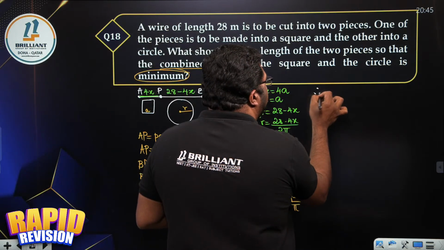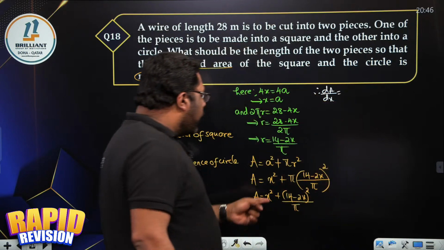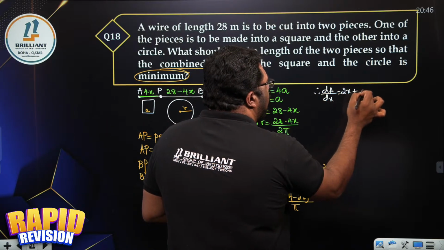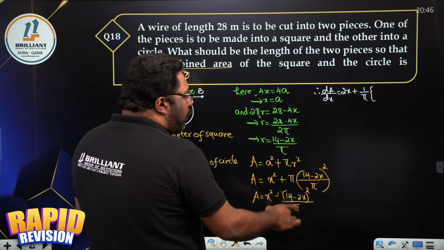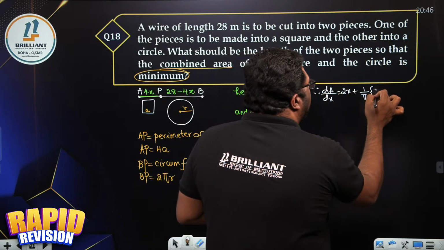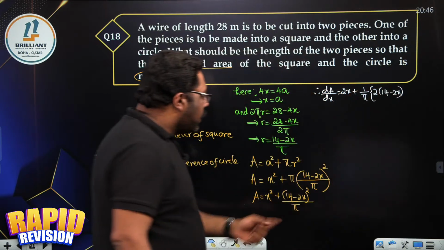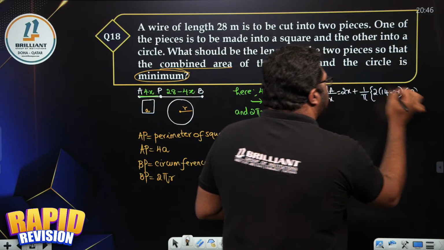Differentiate. Derivative of A with respect to x. Derivative of x squared is 2x. Pi is a constant, keep it out. What's the derivative of 14 minus 2x squared? 2 into 14 minus 2x, and the derivative of 14 minus 2x is minus 2.